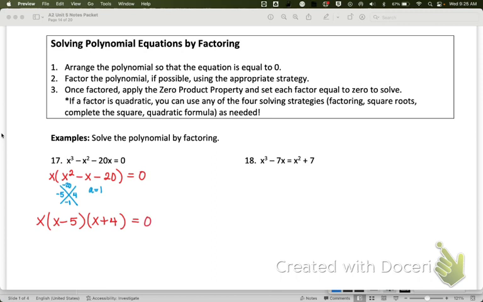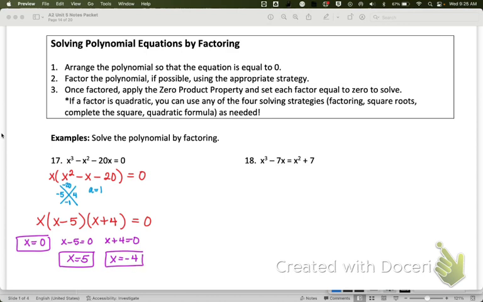And so now, and you can do this step in your head, but remember what we're doing is we're setting each factor equal to 0. So where does x equal 0? Where does x minus 5 equal 0? And where does x plus 4 equal 0? And so the solutions we get are x equals 0. That one's done. Add 5 to both sides. x equals 5. Subtract 4 from both sides. x equals -4. 3 solutions.